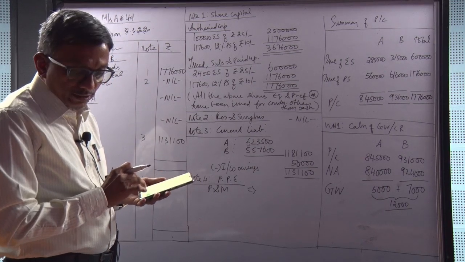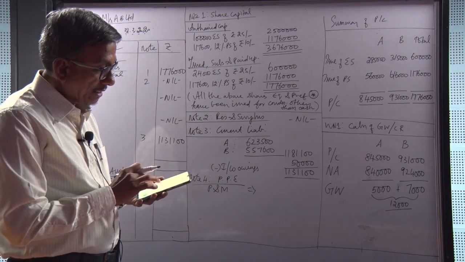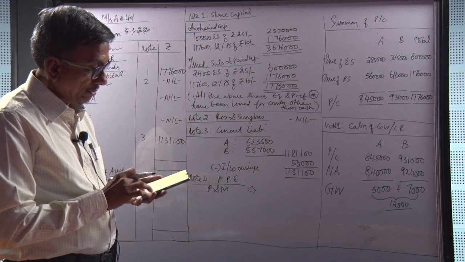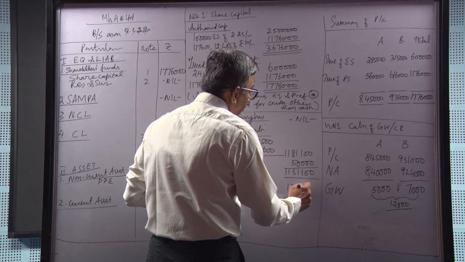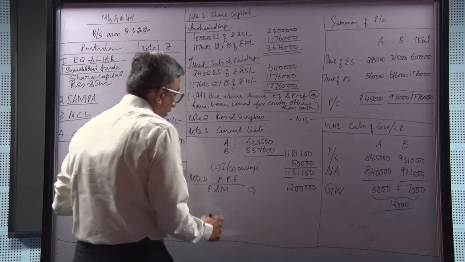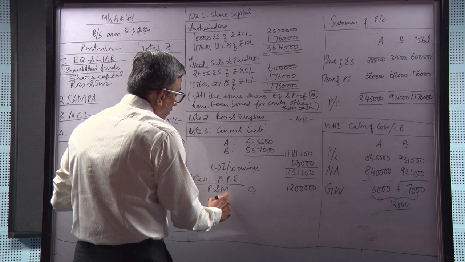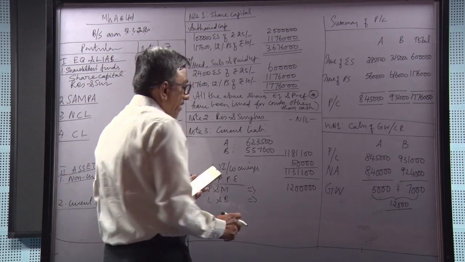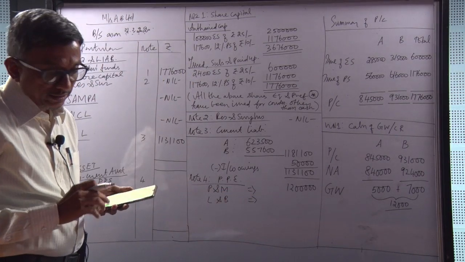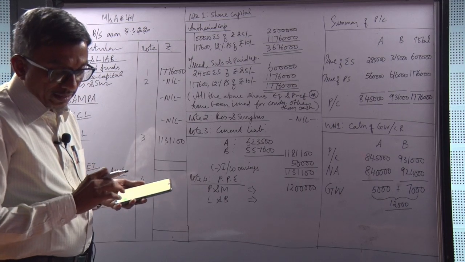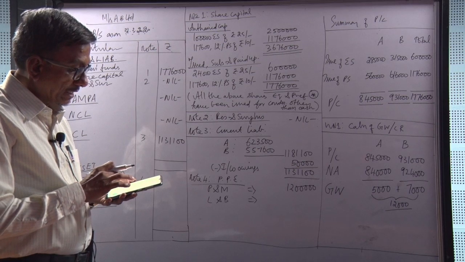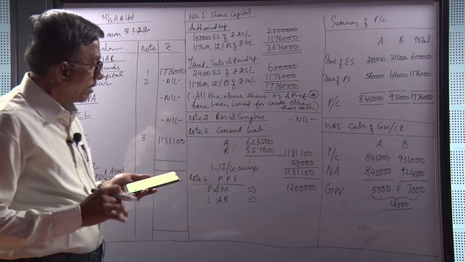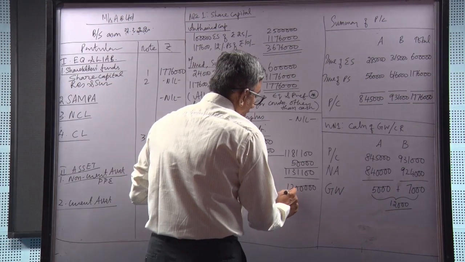5,25,000 plus 6,75,000. So it is 12 lakhs. That is the total of plant and machinery. Land and building, A plus B you have to consider. Building A is 7,75,000, B 6,48,000, that is 14,23,000.